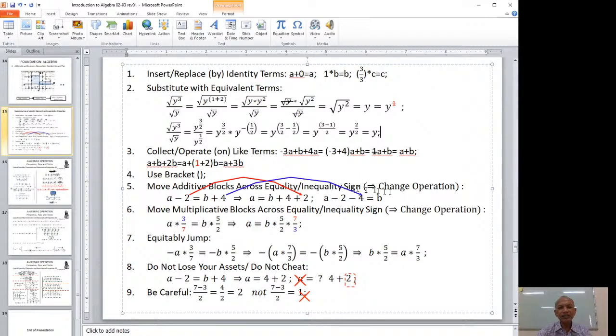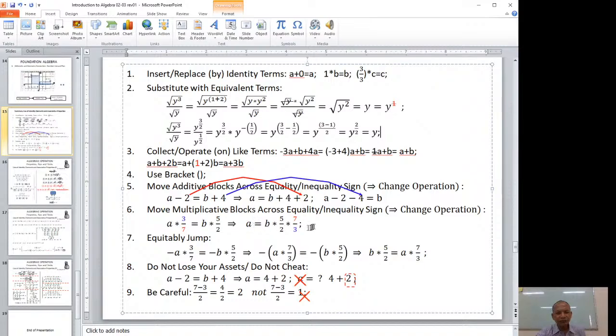So everybody understands this. Similarly for operations across the equality or inequality sign with multiplication and division: when we move a term we must change the sign or operation. Multiply by 3 divide by 7 becomes divide by 3 multiply by 7. Divide by 7 becomes multiply by 7, multiply by 3 becomes divide by 3.